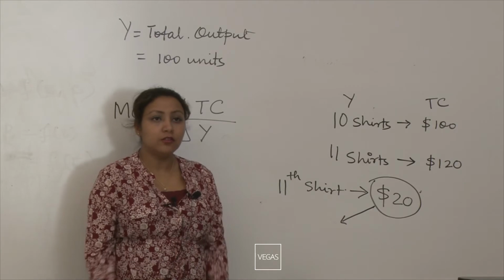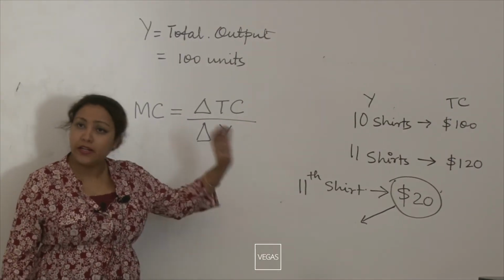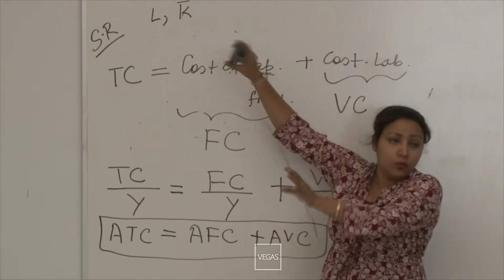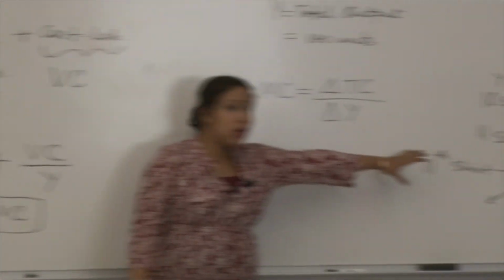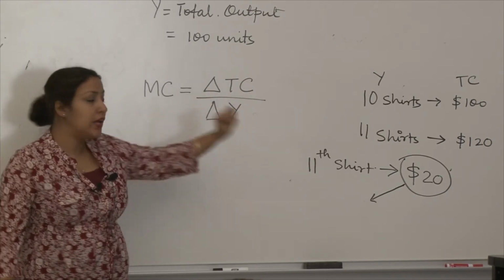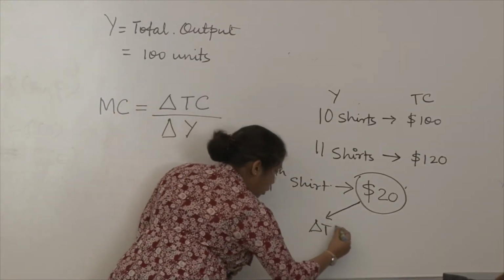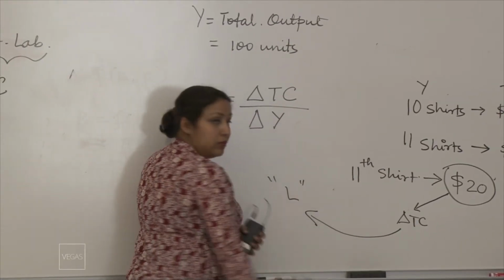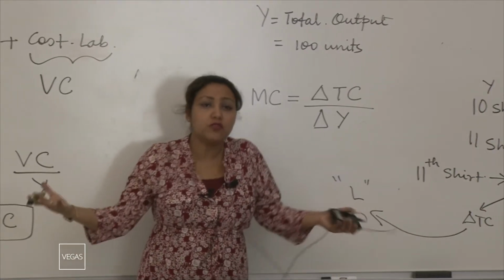So the $20 increase cannot be on account of capital, because I have assumed that I cannot change the amount of capital. Whatever increase must show up must be because of labor. I agree that this is a change in total cost, but it has come from labor, on account of variable cost and not on account of fixed cost, because fixed cost is fixed.